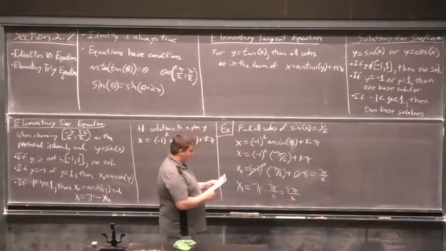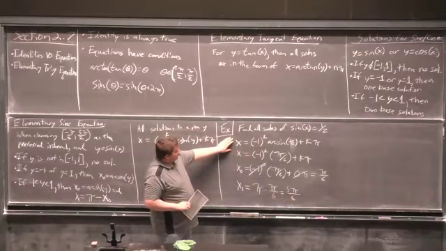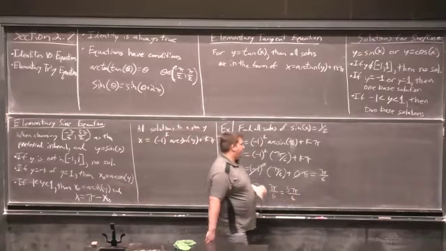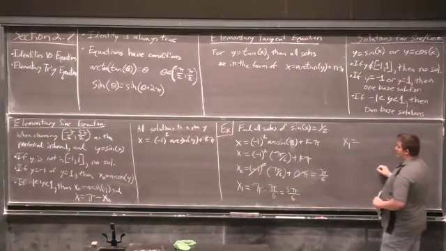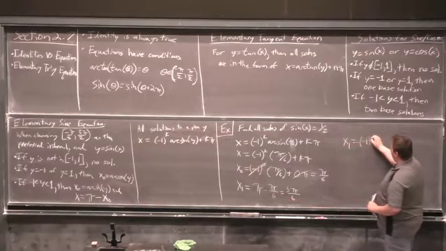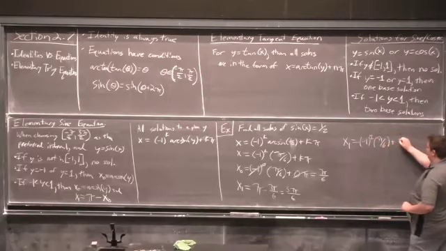Or we could plug 1 into our formula: x1 is equal to -1 to the first power times pi over 6 plus 1 times pi.